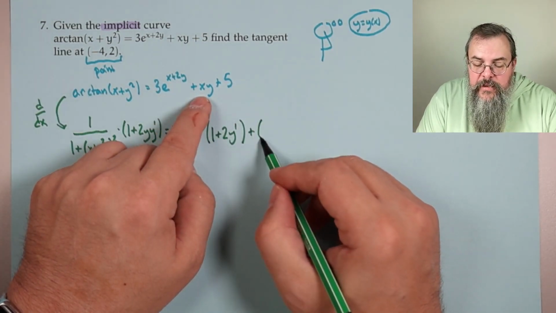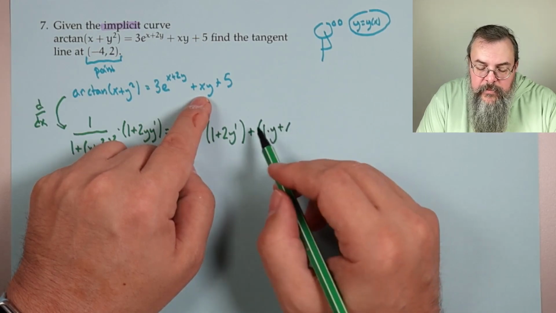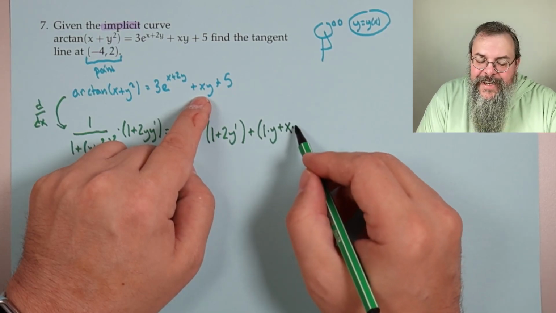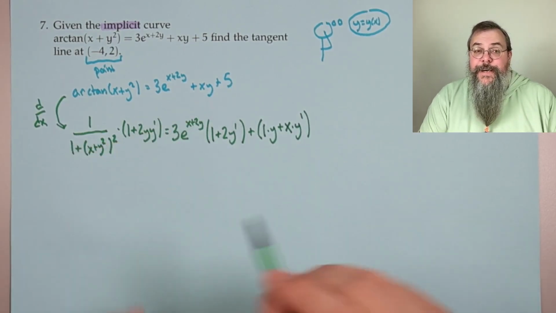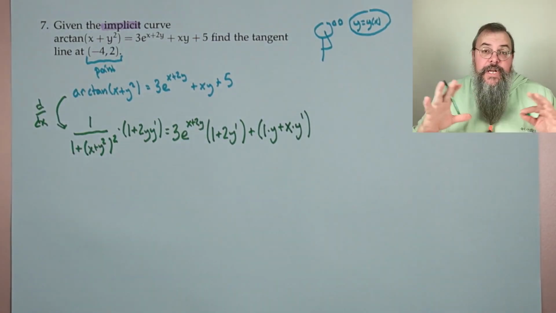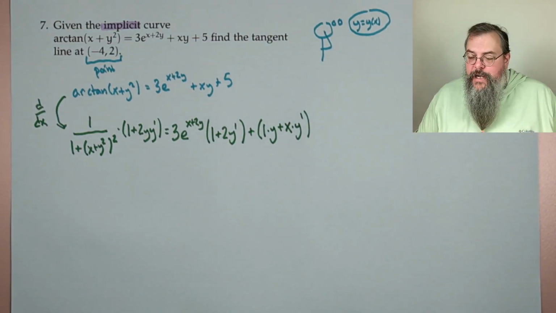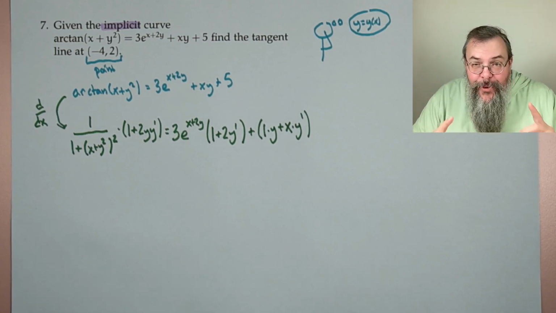It'll be the first times the derivative of the second plus the derivative of the first times the second. There we go. And the derivative of 5 is 0. We don't need to rearrange because we're not after y prime as a function of x and y. What are we after? We're after y prime at a point.